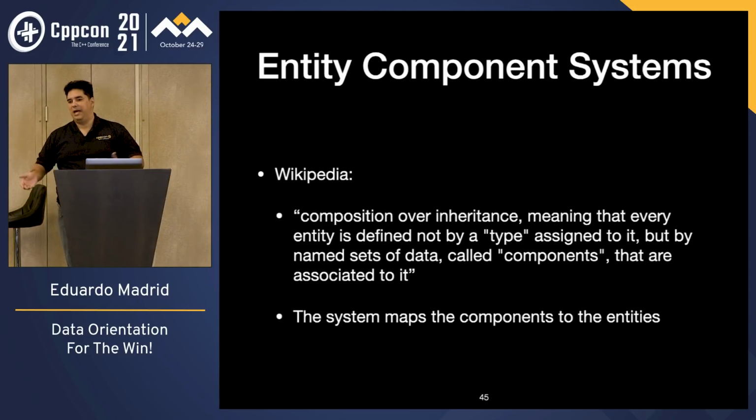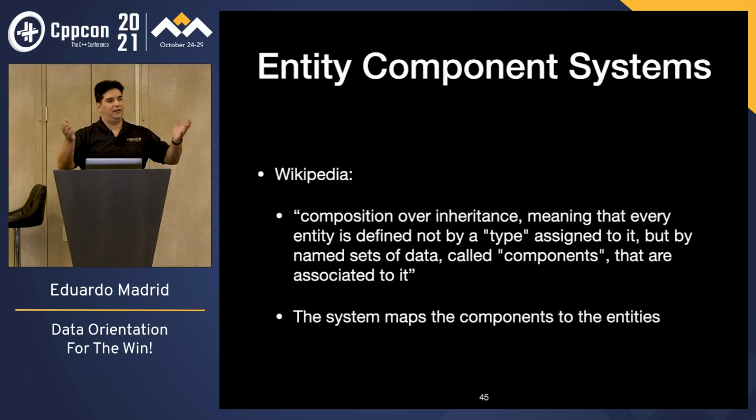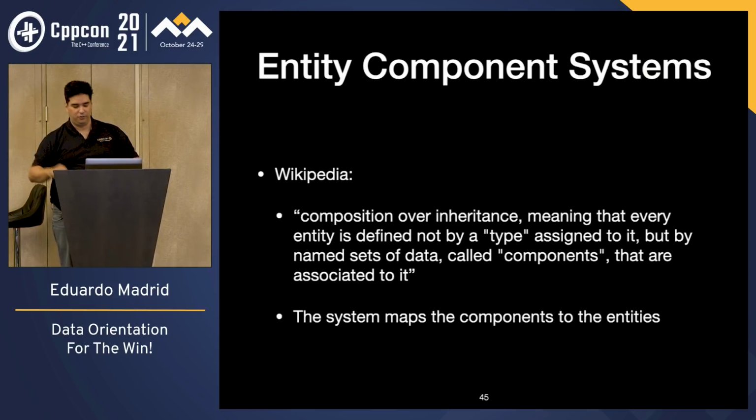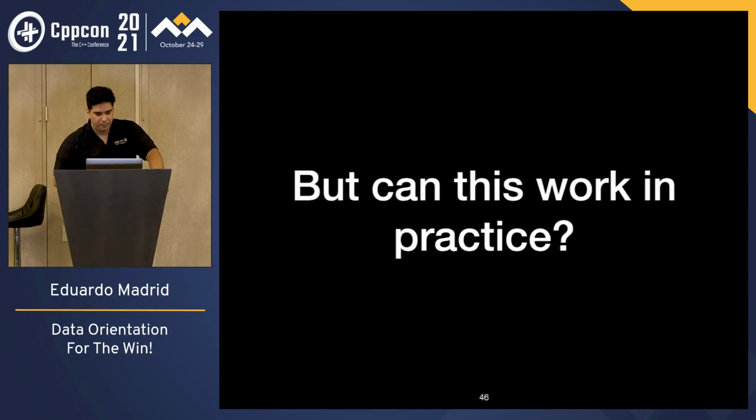And the system is what maps the components to the entities, okay? So they have a completely flexible and dynamic thing, where the state of the entities are just data, and they are not collected into a type like in C++, but there is some system that says, yeah, you belong to that entity and you belong to that other entity and so on.